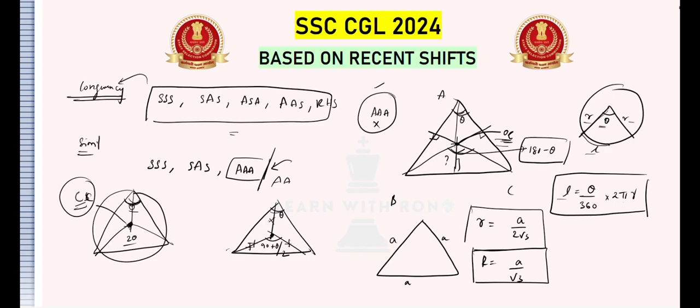If you want the area of this sector, area equals theta by 360 multiplied by pi r square. Try to remember, this is the arc length of the sector and this is the area of the sector.